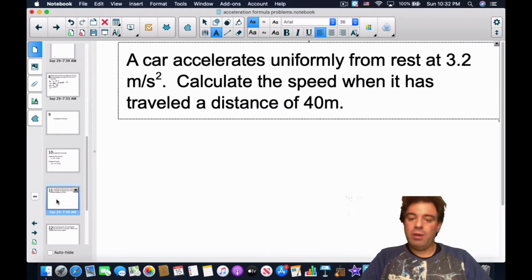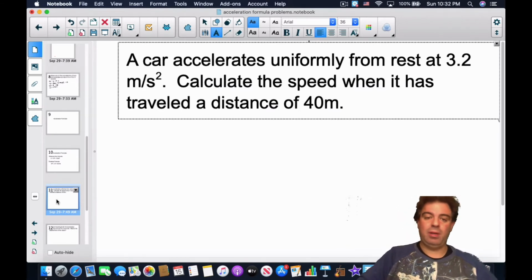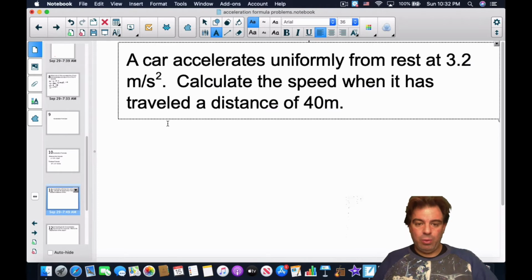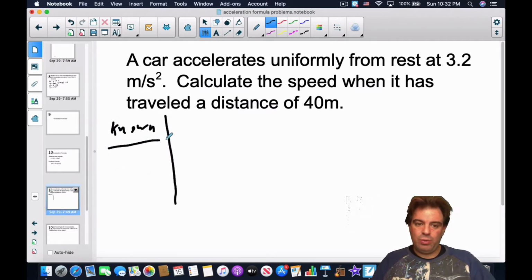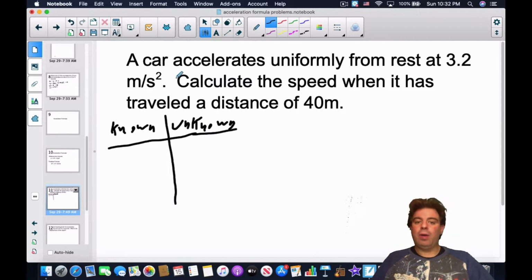It says, a car accelerates uniformly from rest at 3.2 meters per second squared. Calculate the speed when it's traveled a distance of 40 meters. The most effective way to do this is to actually do a t-chart, and we do a known versus unknown chart, meaning what they're asking us for. So a car accelerates uniformly from rest.